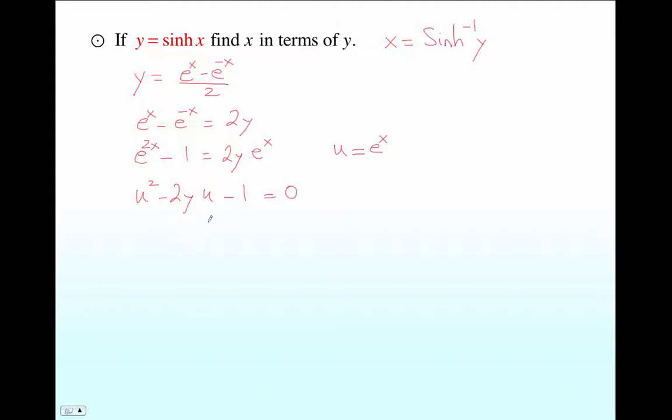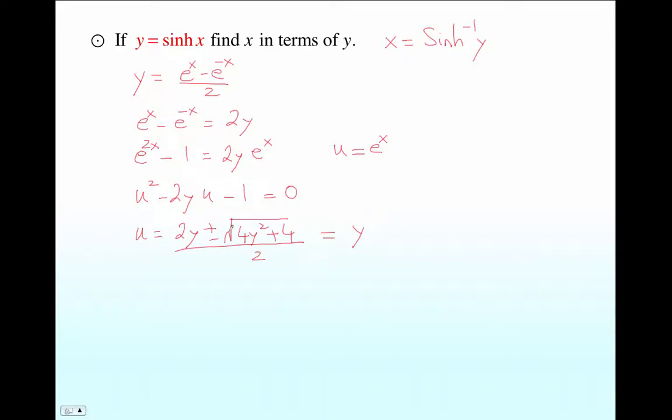That's a quadratic equation which we can easily solve. The solution is u is equal to 2y plus or minus square root of 4y squared plus 4, divided by 2. And now that is two solutions.